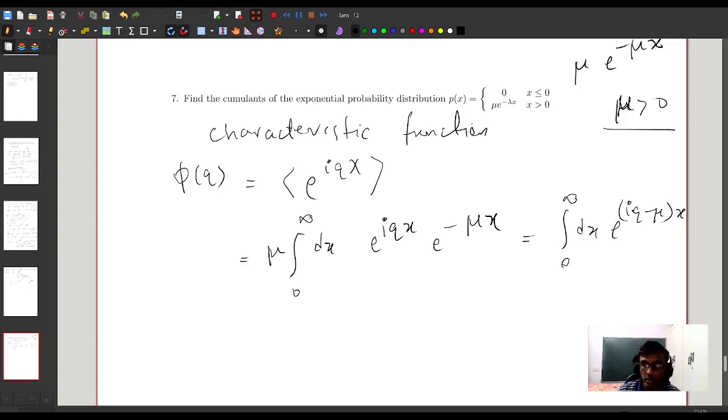So it is equal to this, and since mu is positive, this integral is convergent, and that is going to be equal to 1 by mu minus iq.